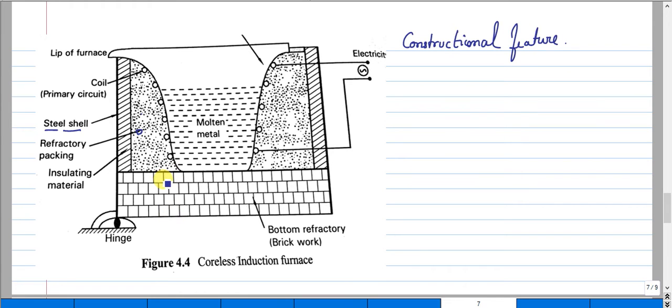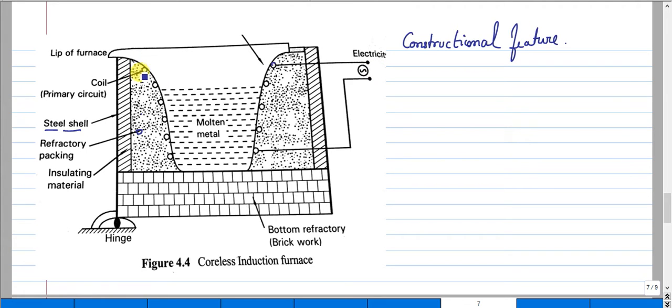And you can see a copper coil, which will be assembled in a circular form, so that is the construction of this induction furnace.